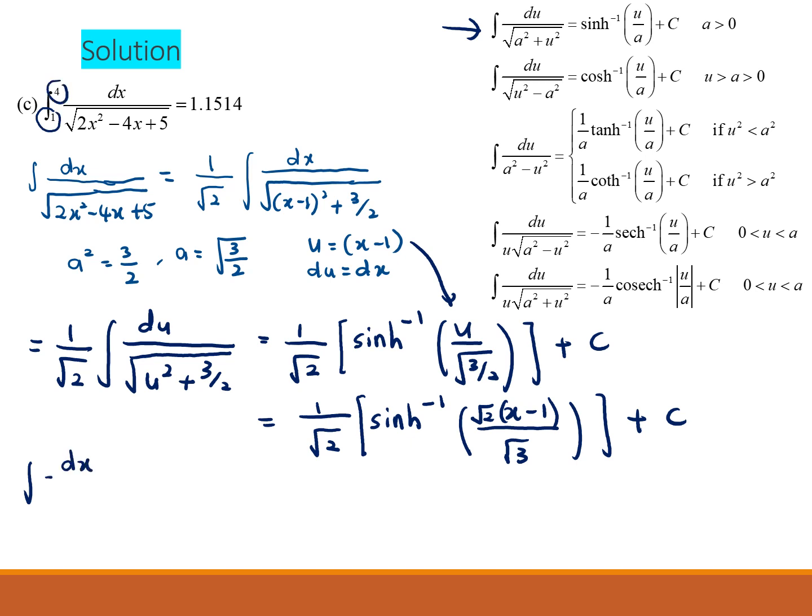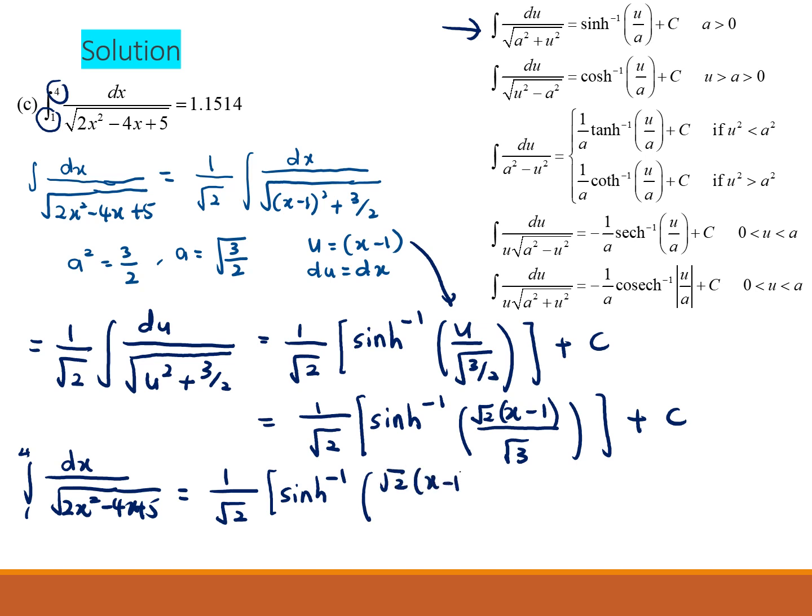So the integral of dx over square root of 2x squared minus 4x plus 5 from 1 to 4 is equal to 1 over square root of 2, inverse sine hyperbolic of (2x minus 1) divided by square root of 3, where the interval is from 4 to 1. So we substitute 4 into x minus the value at x equals 1.